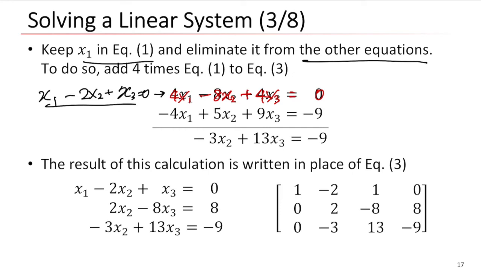Then we can add these two equations, and x1 will be removed, and this coefficient will be -3 because -8 plus 5 is equal to -3, and this will be 13, and this will be -9, right?